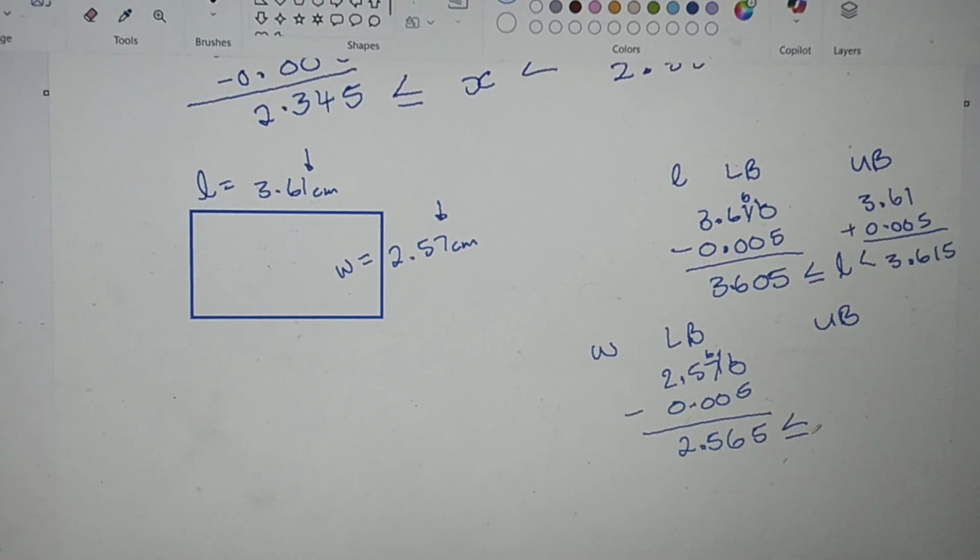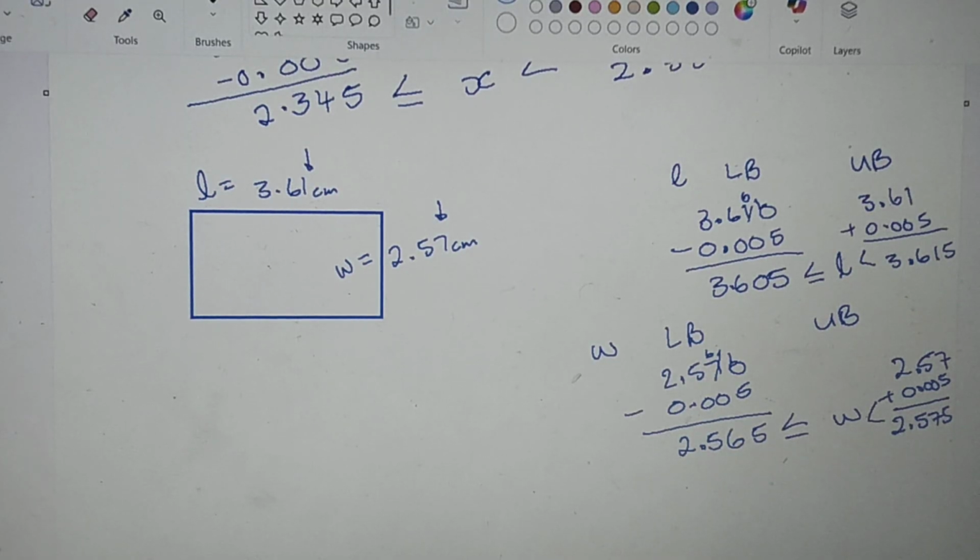Great, less than or equal to my width, which is less than 2.57 plus 0.005. I seem to get myself all caught up in the corner here all the time. So that'll be 2.575. Once again, I've just slapped a 5 on the end of the 257.